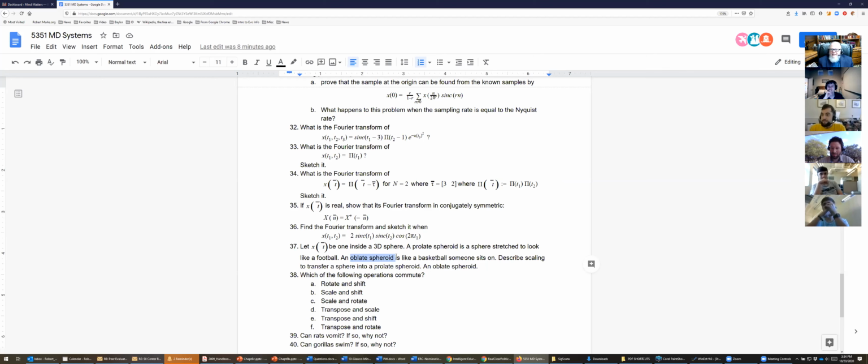So my question is, and this challenges your ability to visualize, how would you distort a sphere in order to get an oblate spheroid and a prolate spheroid? Now, clearly what I'm asking for here is a scaling matrix, right?